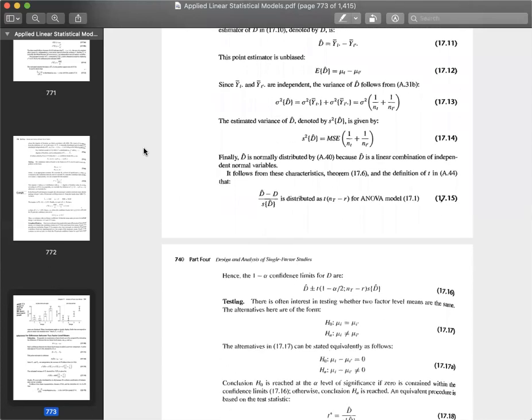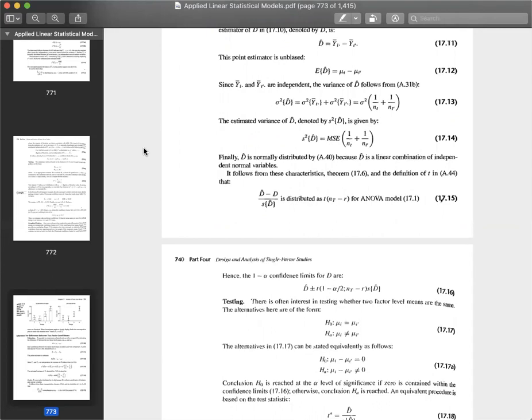Since they are independent, the variance of D hat follows the sigma squared of yi bar dot plus the sigma squared of yi apostrophe bar dot, which is equal to sigma squared times 1 over ni plus 1 over ni apostrophe. The estimated variance of D hat is MSE of the same value. Finally, D hat is normally distributed because D hat is a linear combination of independent normal variables.